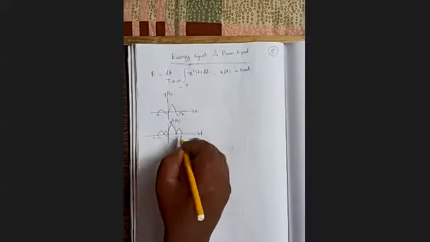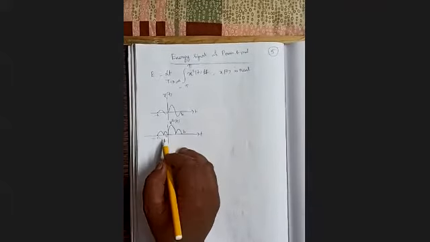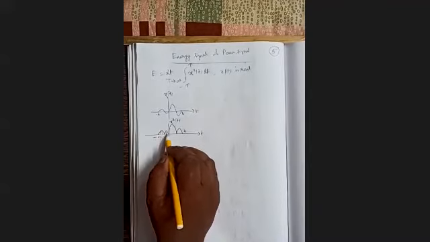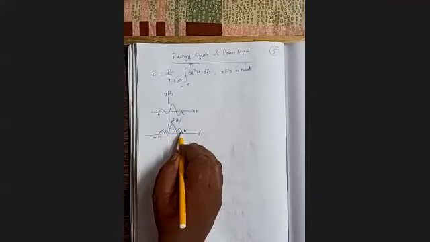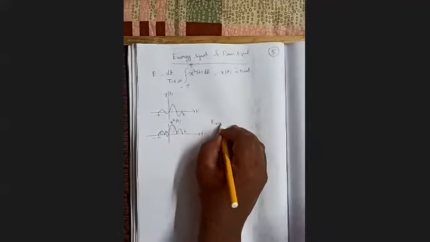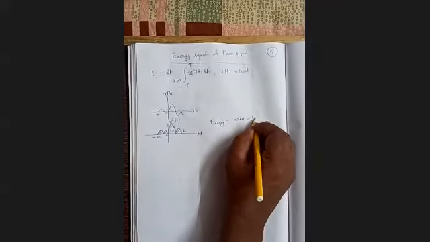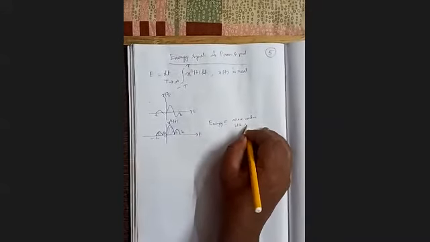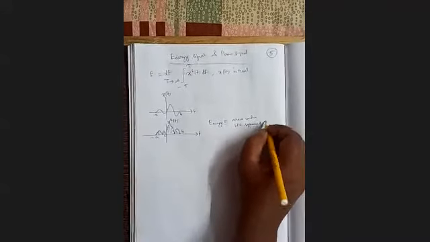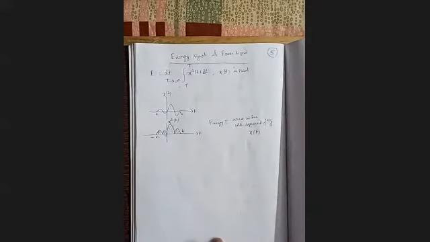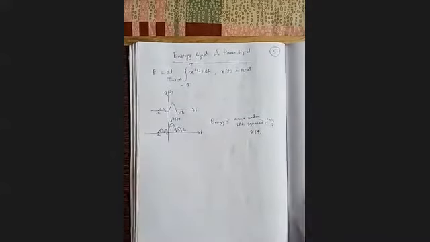So it's from minus A to B. Energy is the area under x square t. So that area under the squared function is the energy of the signal. So energy here is the area under the squared function of x(t). That is the energy.